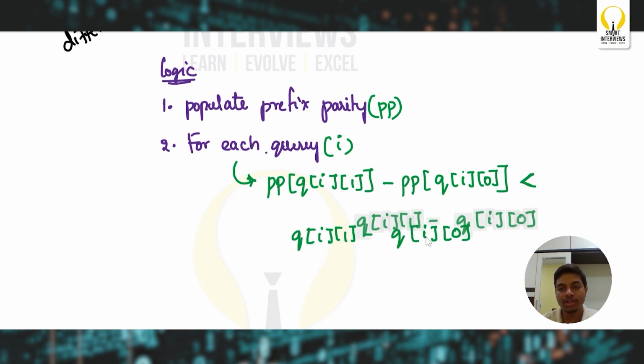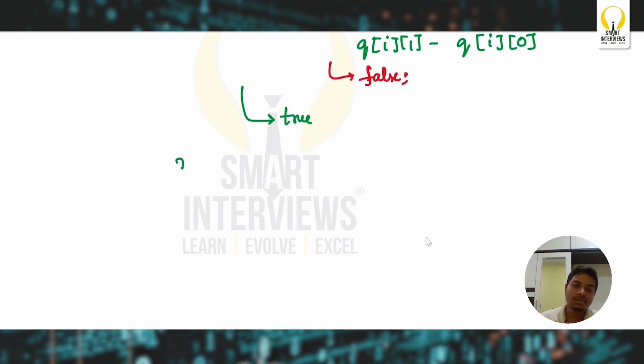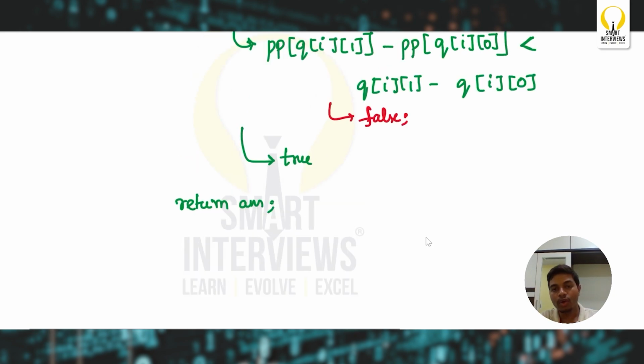If this is smaller than this, I'm going to simply add false. What if this condition is satisfied, that means this condition is not satisfied? I'm going to add true to my answer. And finally, I'm going to return this. I hope that is clear.